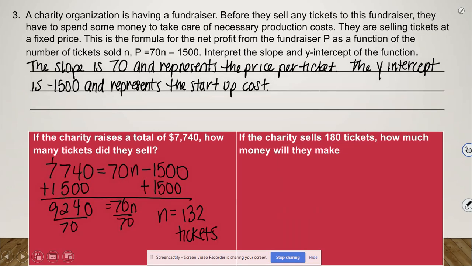Okay, then on the other side, if the charity sells 180 tickets, how much money will they make? So that 180 now is our independent variable. We plug that in for n to get the profit.